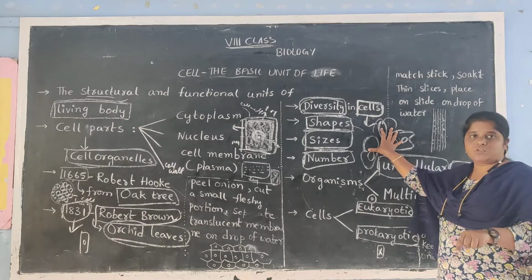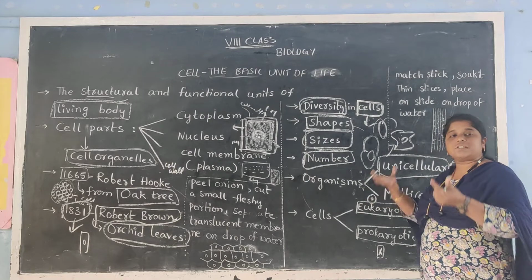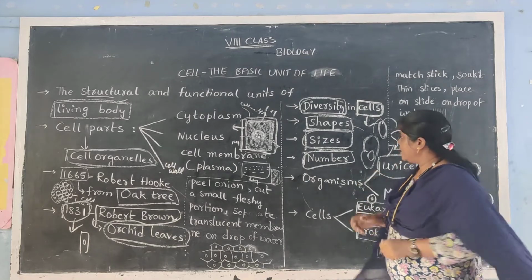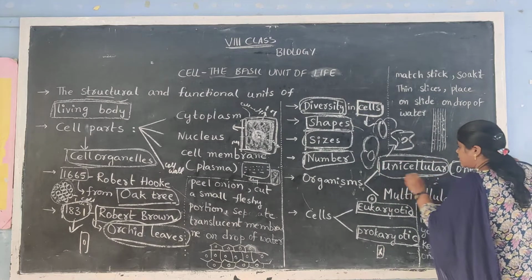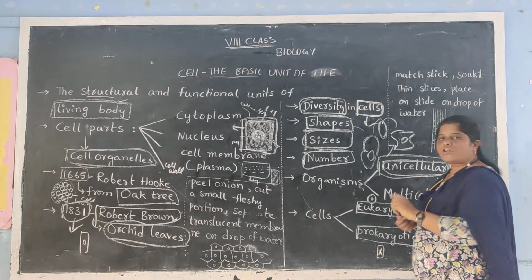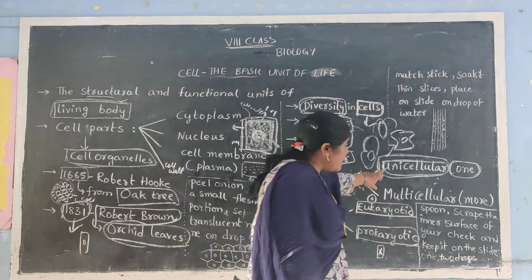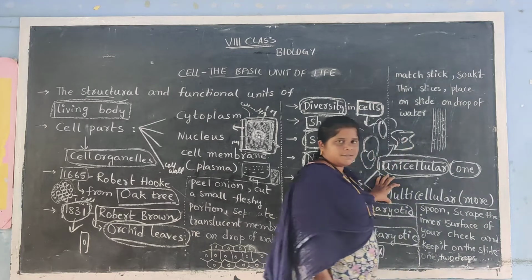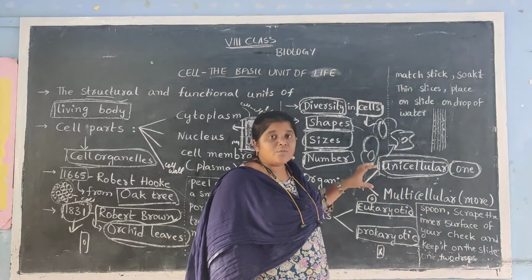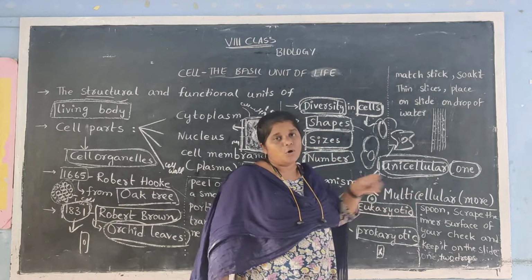If an organism is possessing only one single cell in it, it is called unicellular. If more number of cells are present, it is termed as multicellular organisms.